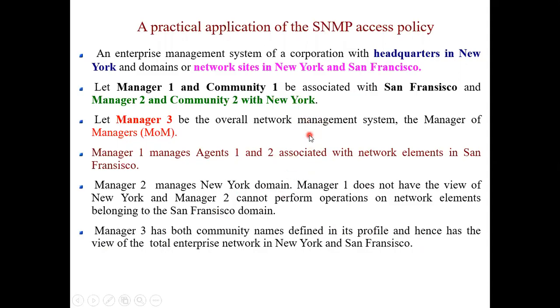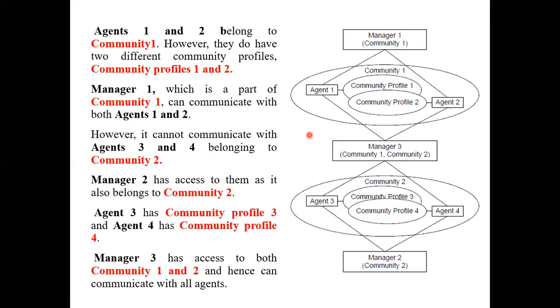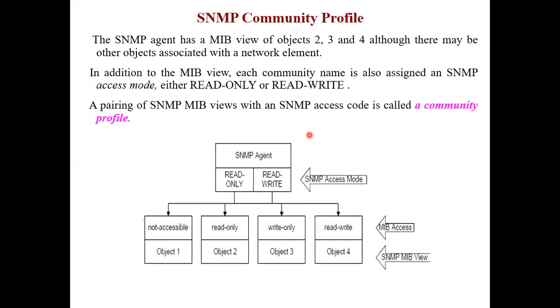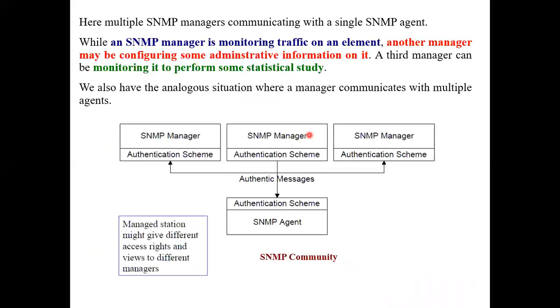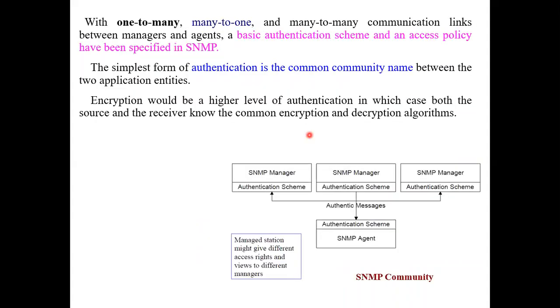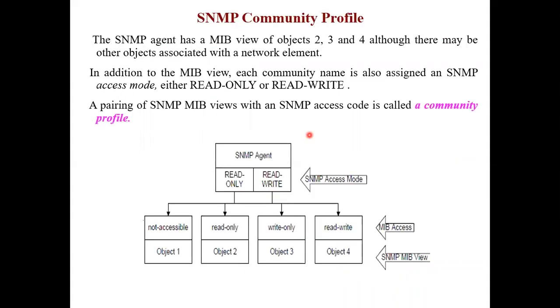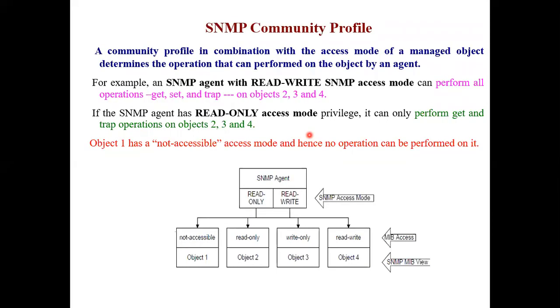This is how the community profile or community access policy is defined in SNMP. Is it clear, all of you? Yes, ma'am. See, if the question is on SNMP community profile, you have to start with this. Okay, it's all there in my notes. Then you explain the community profile. Then this structure, how a community profile is created using SNMP MIB and SNMP access mode.